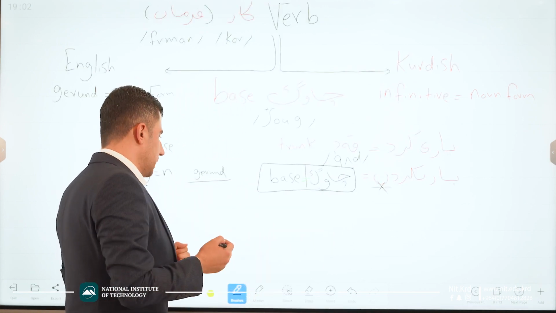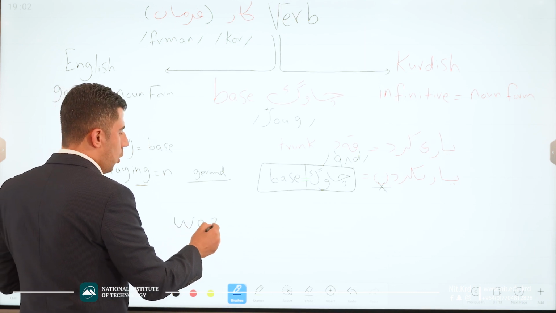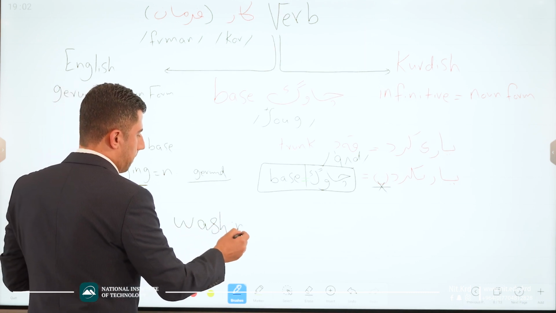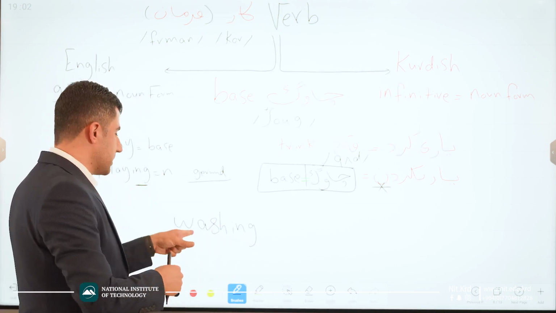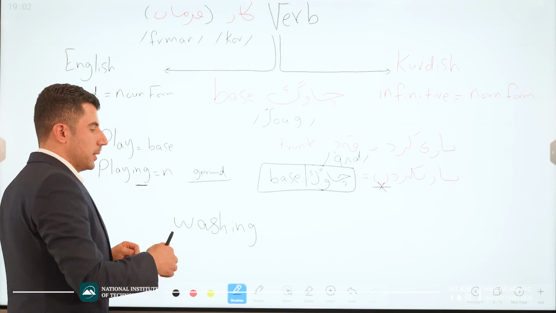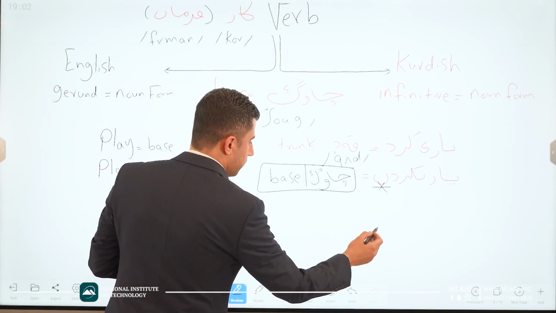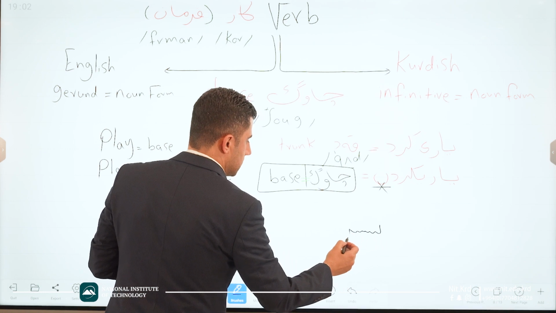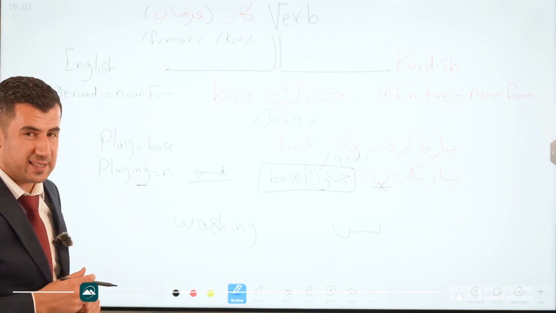For example, let me give you one more example. In English, we say washing. Washing means someone washed something. That is a noun form. Good? When we change to Kurdish, we have to say shiten. Shiten.